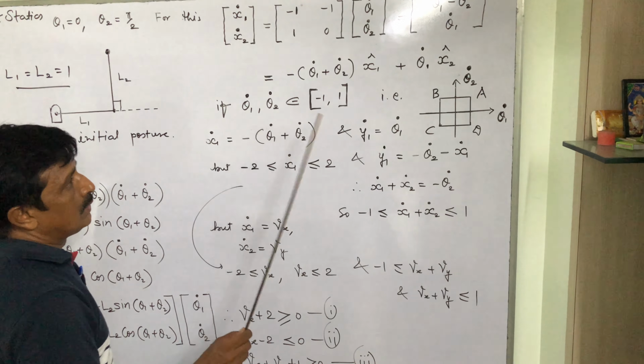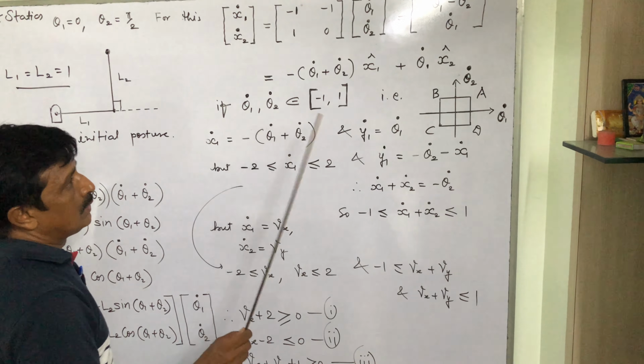Under this joint velocity space, what about the end effector velocity space? Using this mathematics, we have 4 inequalities: 1, 2, 3, 4. From these, how can we map the end effector velocity, which is actually a parallelogram?